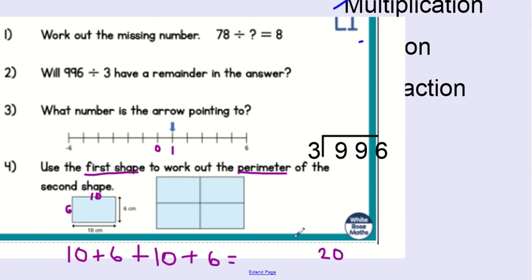I know 2 lots of 6 is 12. If I add those together, I get 32 centimetres. Okay, so if the perimeter of this shape, the first shape, is 32 centimetres, I can use that to help me work out the second shape.